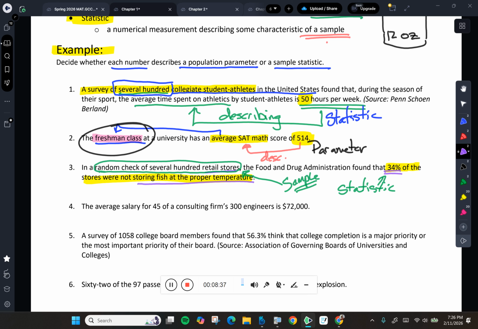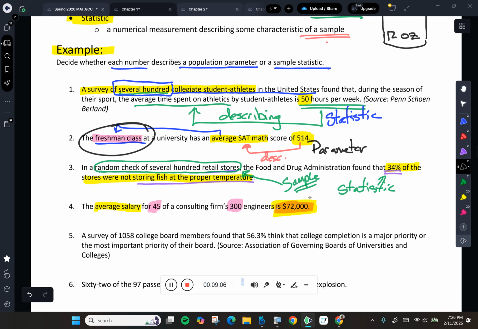Number 4 reads, the average salary for 45 of a consulting firm's 300 engineers is 72 grand. Okay, I've got 3 numbers in this one. This is the first one where we got a whole bunch of numbers, and I got to try to figure this out. Which of these is the number that is attempting to describe something? Well, I'm reading that the average salary is 72 grand.